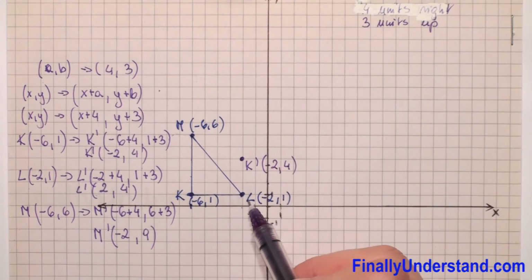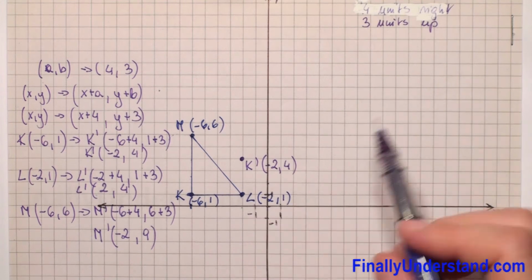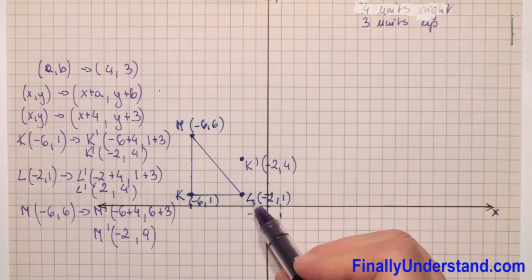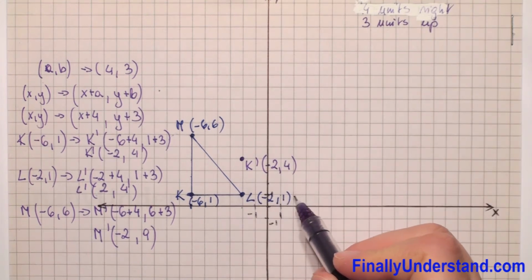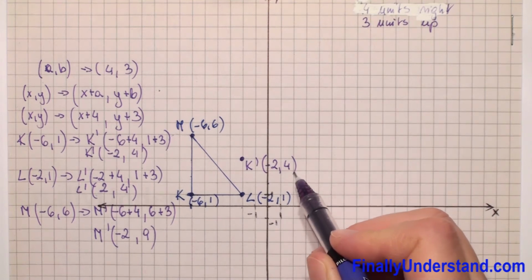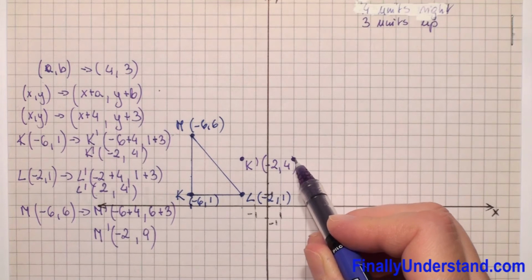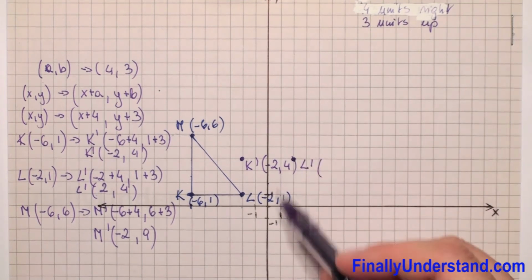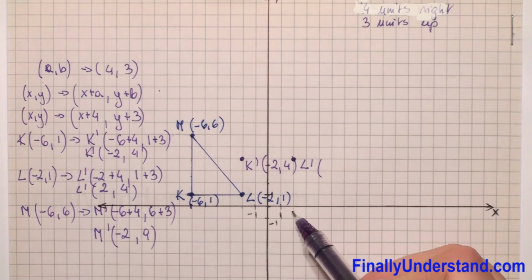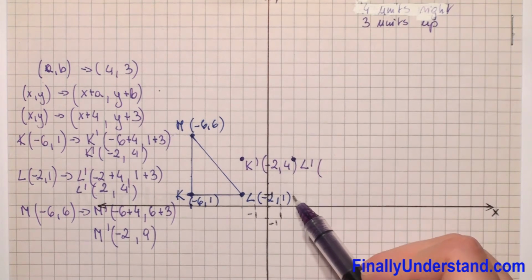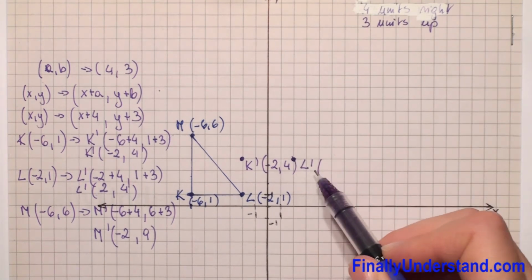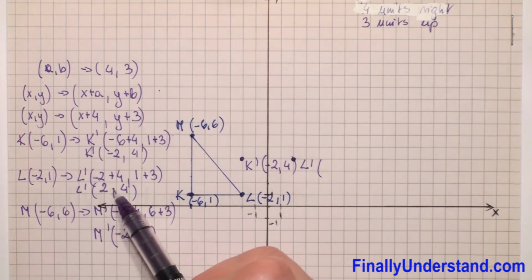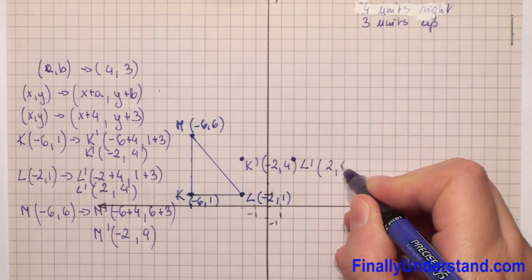Next, point L, we move 4 units right, 1, 2, 3, 4, and 3 units up, 1, 2, 3. So this is our point L prime, and from the graph we see that we will have coordinates 2, 4. And from algebra we got the same, 2, 4.